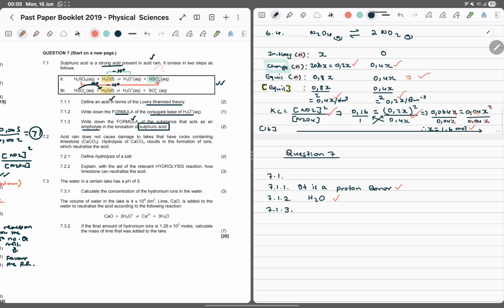So can you see it is a base here and it is an acid there. So in this ionization situation, it acts as both a base and an acid. And so it is the ampholyte. So right here, HSO4 minus ion. Great.